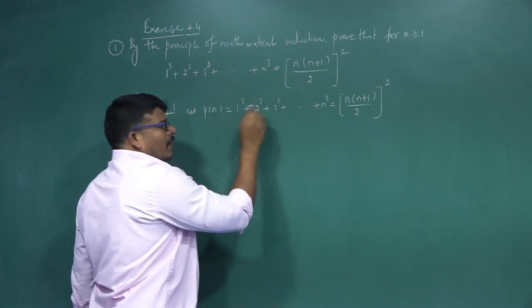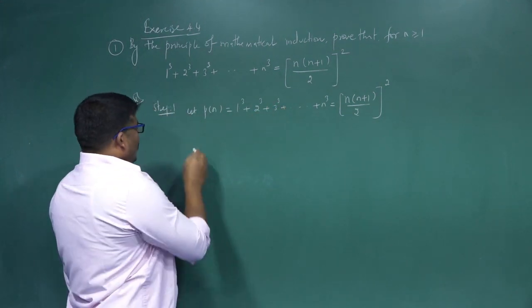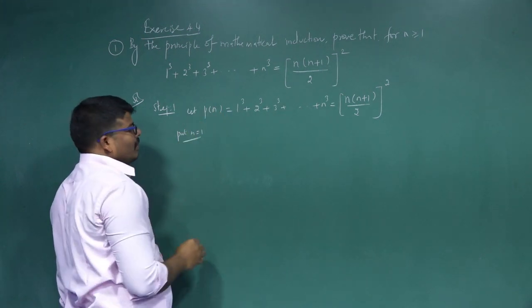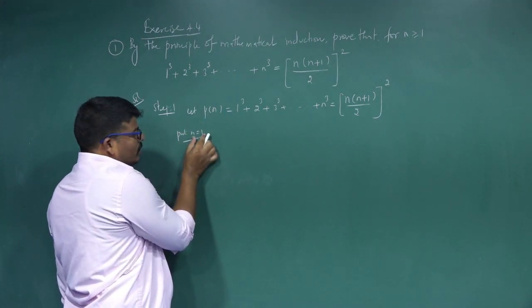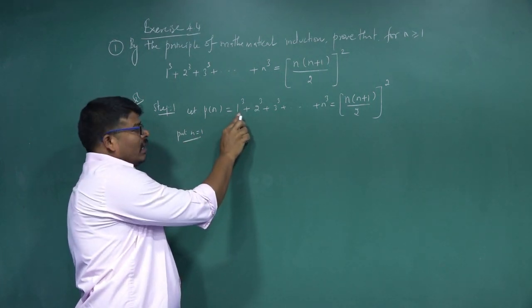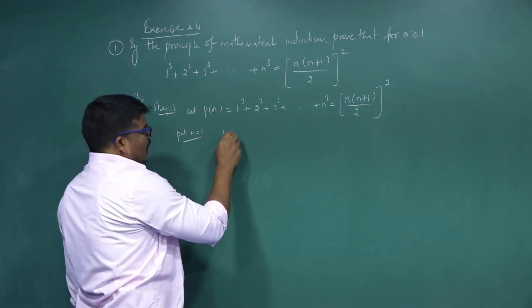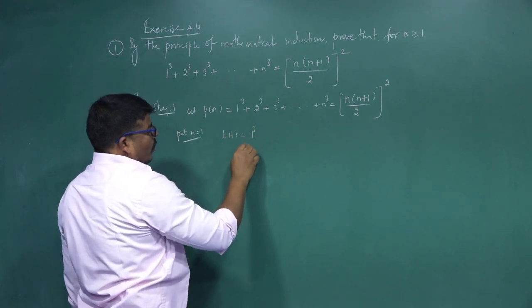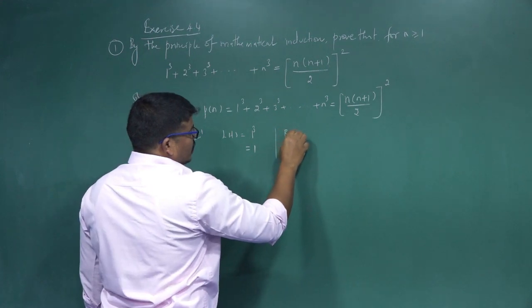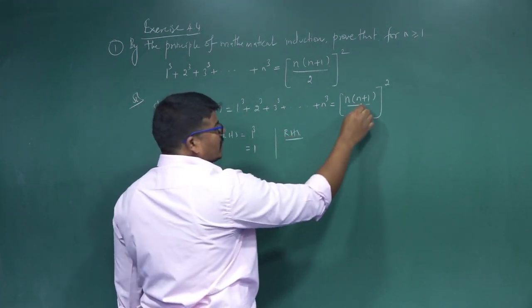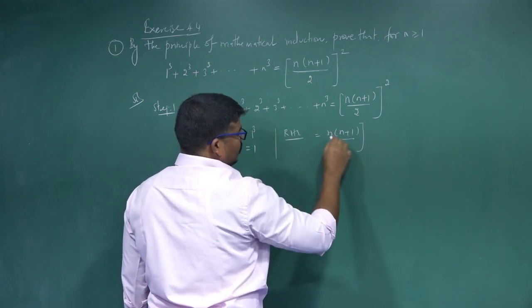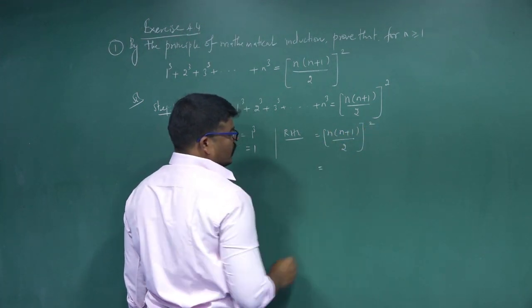Write the statement P of n. Put n equal to 1, substituting n equal to 1 in this statement. Take the LHS: LHS equals 1 cube, which equals 1. And the RHS is n into n plus 1 by 2 whole squared.